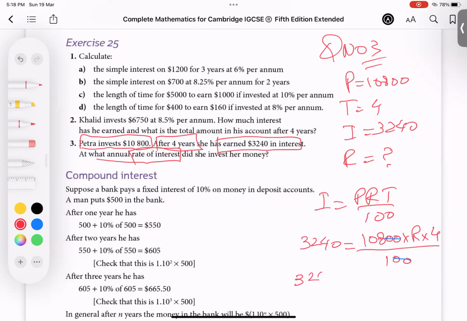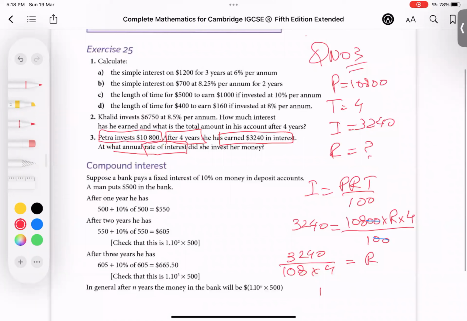And 3240, and this 4 is 108, and 4 will divide on the left side. I'm going to find the rate of interest: 3240 divided by 108 and divided by 4. Alhamdulillah rabbil alameen, so the rate of interest is coming 7.5% per year. I believe this part is very clear.